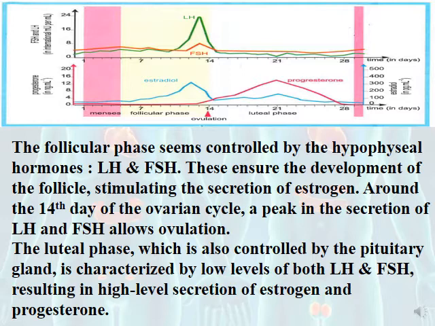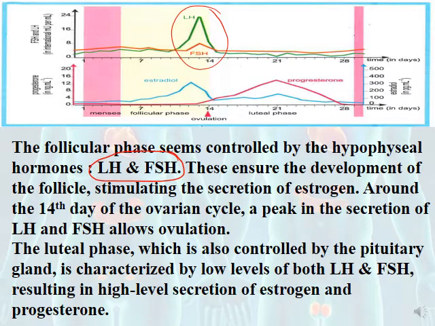The follicular phase seems to be controlled by the hormones LH and FSH. These ensure the development of the follicle, stimulating the secretion of estrogen. So around the 14th day of the ovarian cycle, a peak in the secretion of LH and FSH allows ovulation to occur.